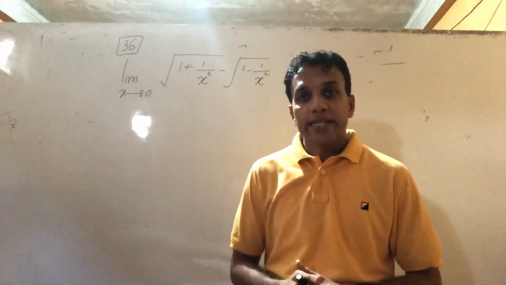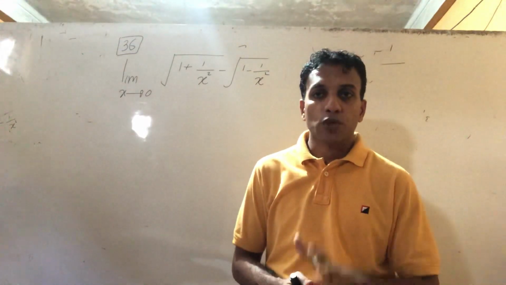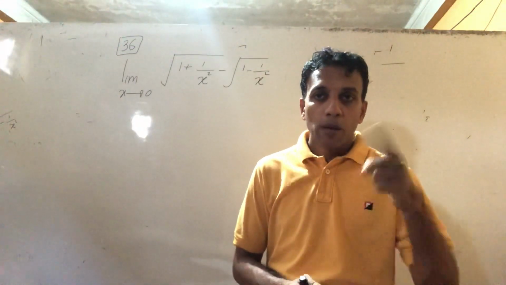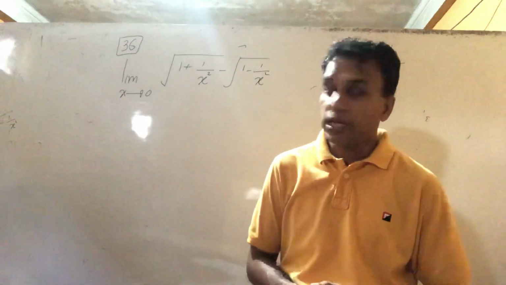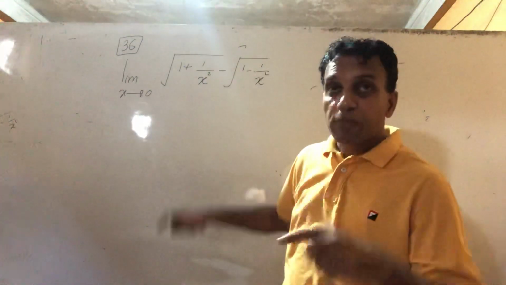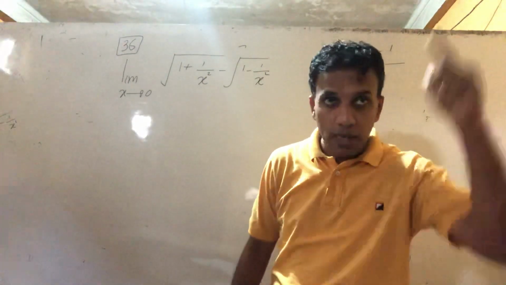So once again it is a square root pattern, so you remove the square root by multiplying by the conjugate. Here it is minus, so its conjugate is made positive, and multiply up and down.